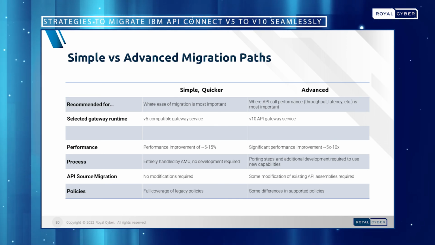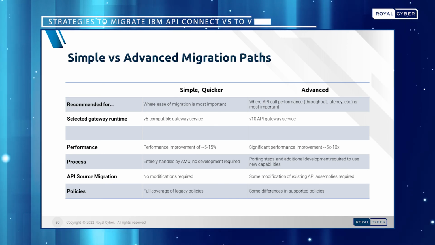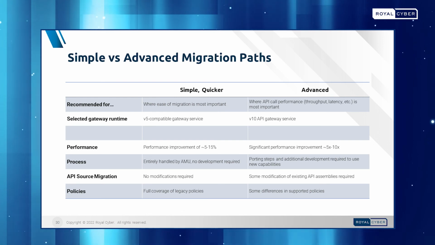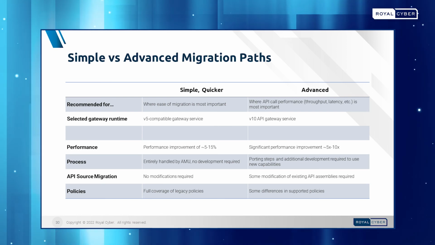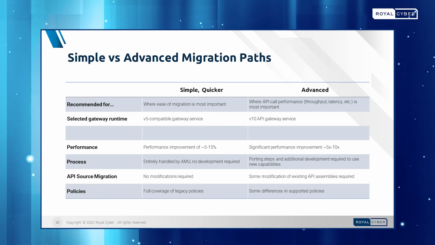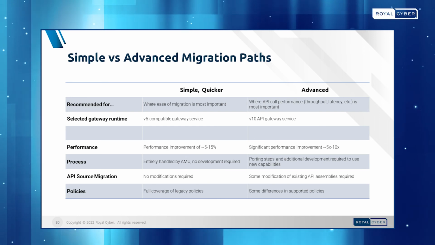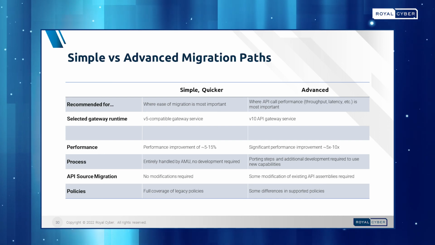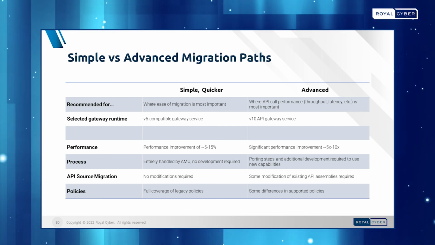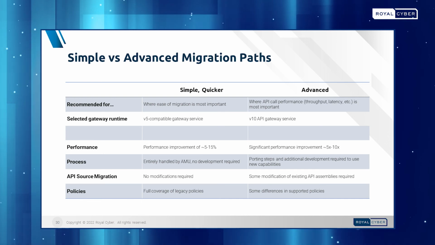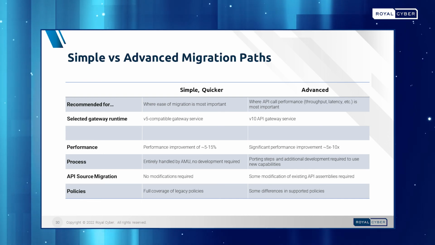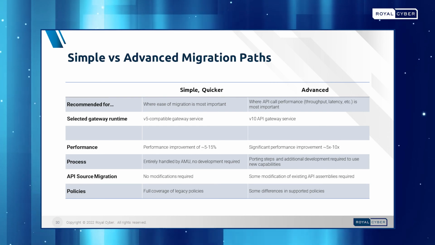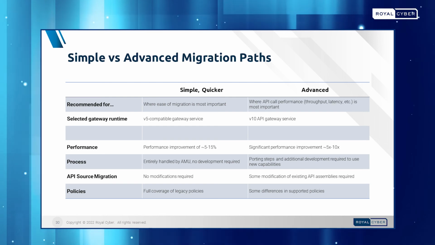Simple is if you're looking to work with a V5 compatible gateway service and you want a simple, easy migration, performance improvement is not much of a requirement, and you don't require any modification on your API sources, then you'd want to go the simple path.